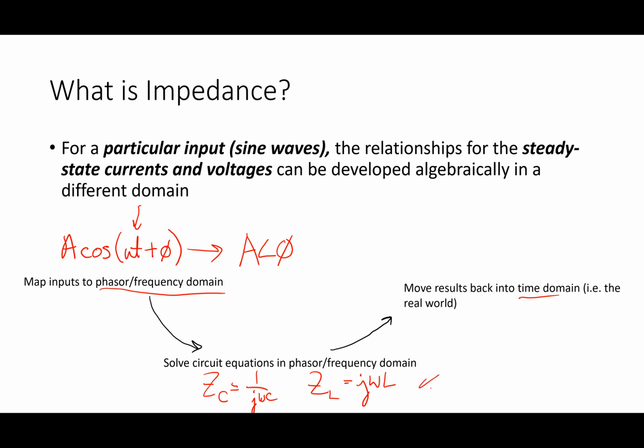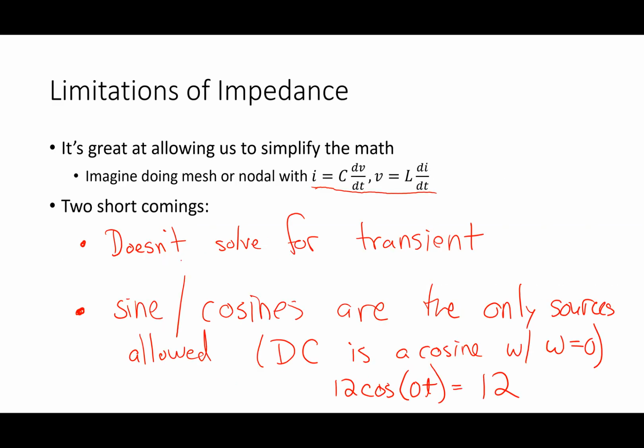Then we use the impedance relationships to find the phasors for the voltages and currents. And then we move those results back into the time domain. In other words, back into a function of t, right? Which is the way things really are in the real world, right? We represented them as phasors, did complex algebra, but then can move back to the true time domain signals.